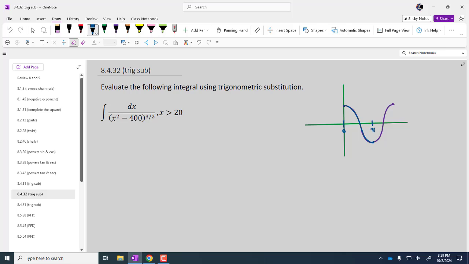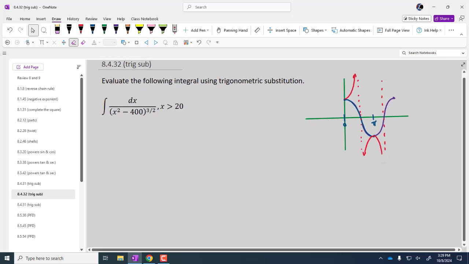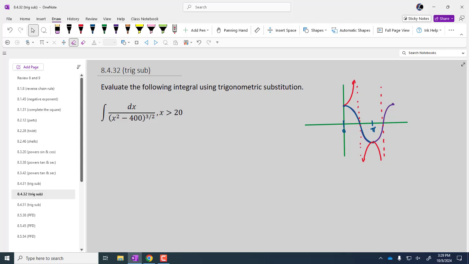Now if you start looking at secant, secant has vertical asymptotes wherever cosine is 0. So here is what the first period of secant looks like.